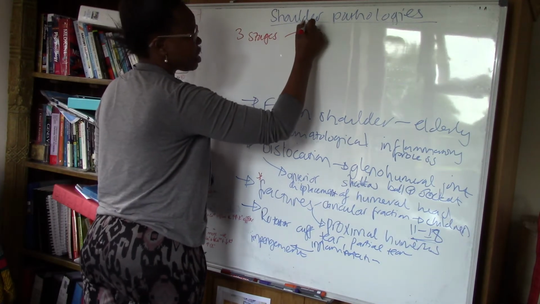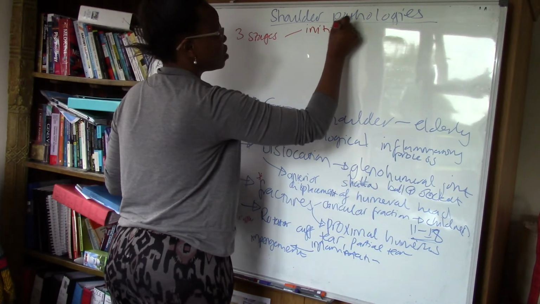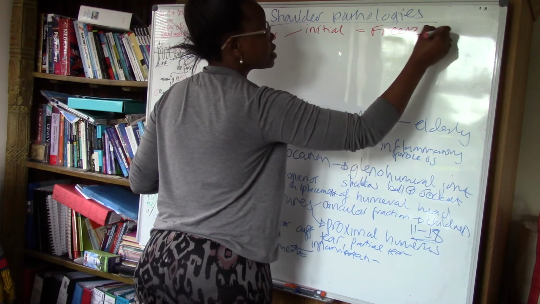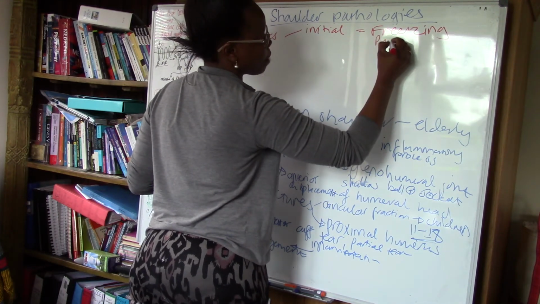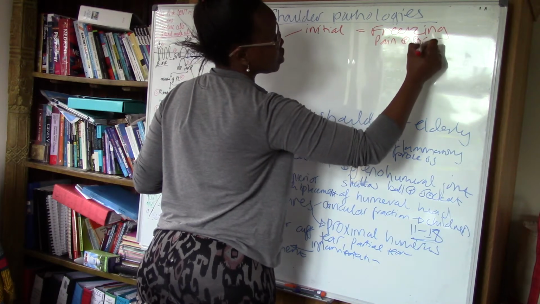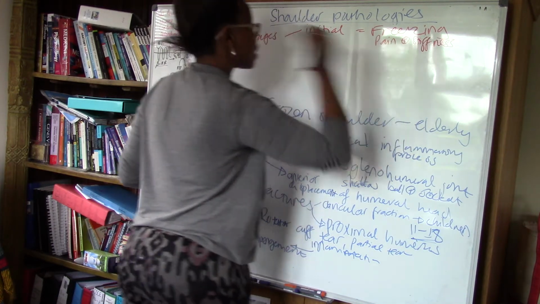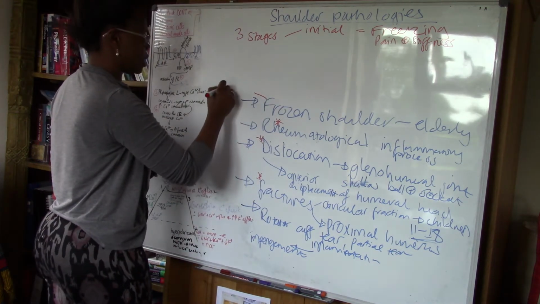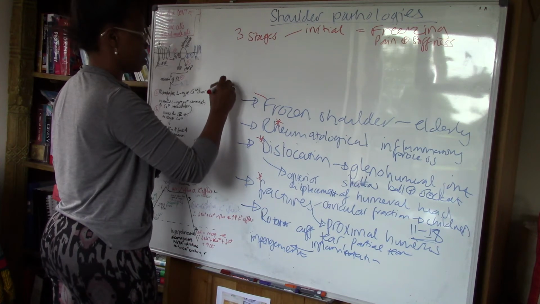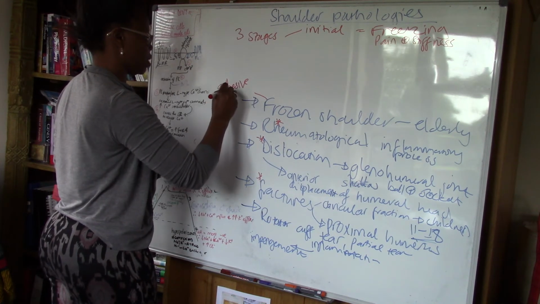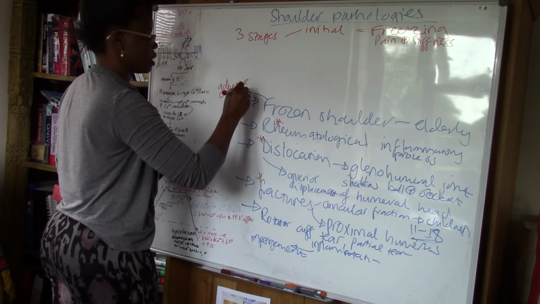Again, there is the initial phase, which is called the freezing. In the freezing stage, there is a lot of pain and stiffness of the joint. Frozen shoulder is also called adhesive capsulitis.